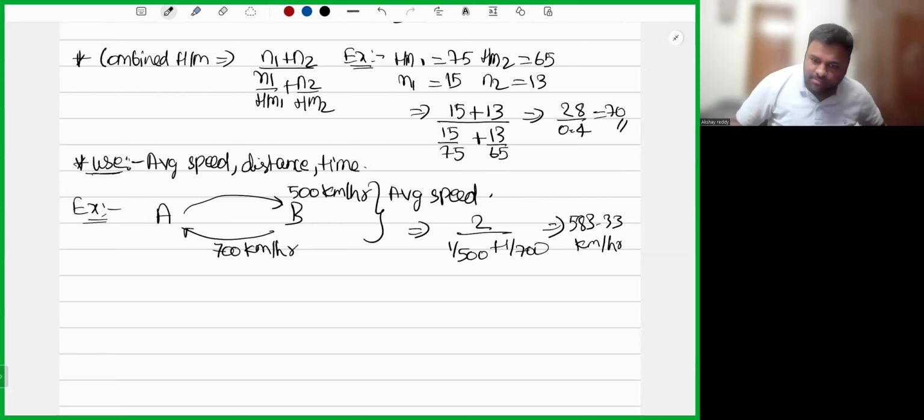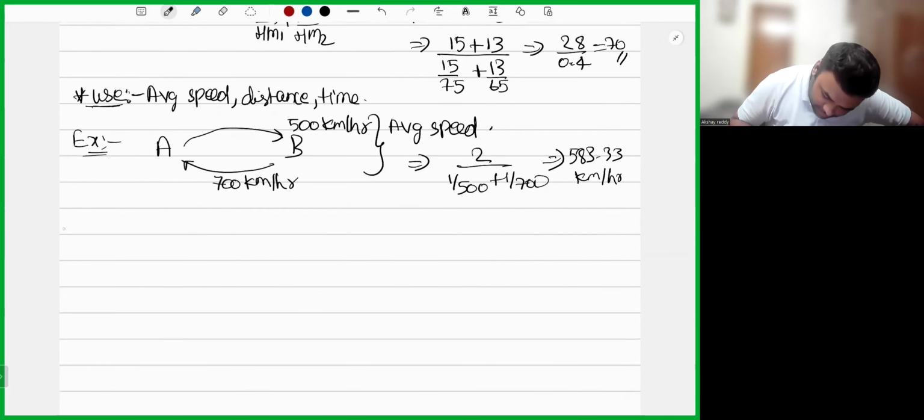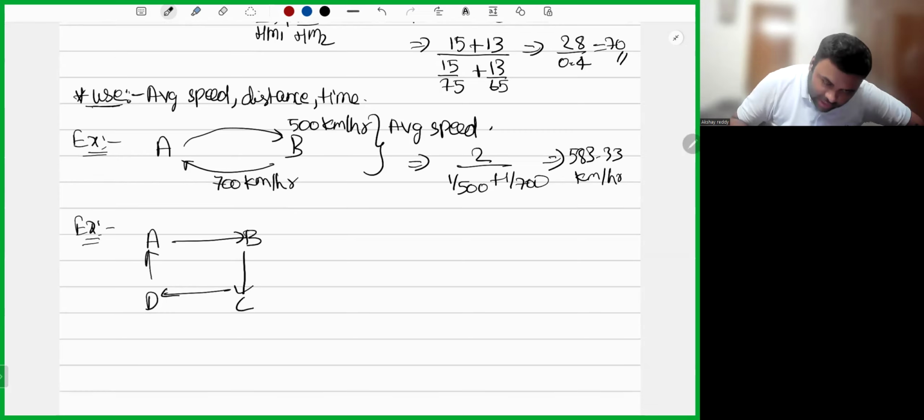Now try this sum and tell me the answer. Example: a person is going from A to B, B to C, C to D, and D to A. A to B he is going at 600 kilometers per hour. B to C he is going at 550 kilometers per hour.